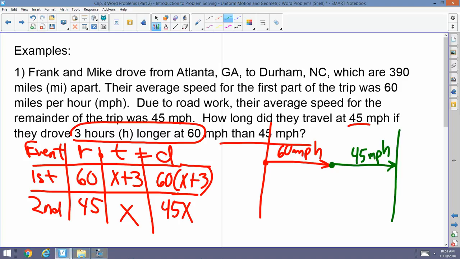So didn't I travel my first distance of 60 times x plus 3, plus the distance of 45x? So isn't the distance of the first part of the trip plus the distance of the second part of the trip equal to the 390?